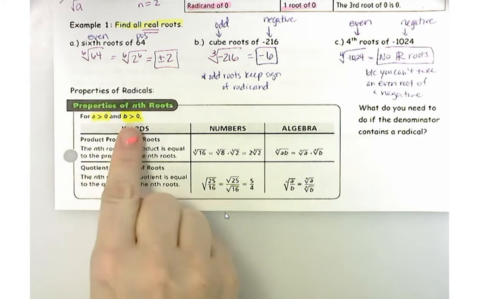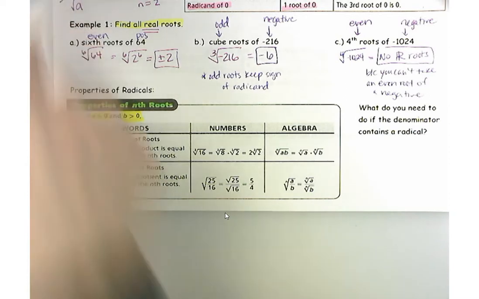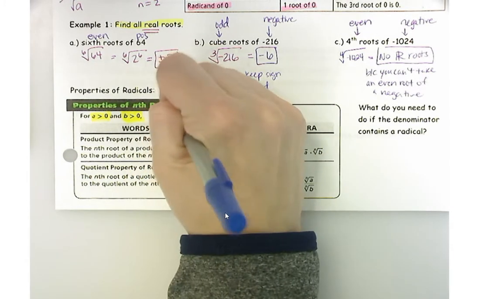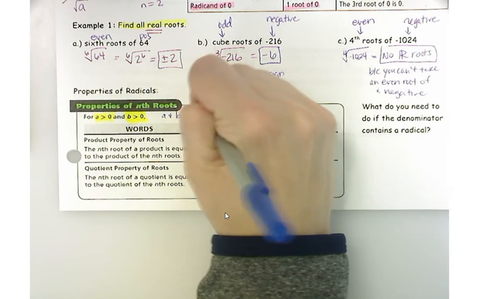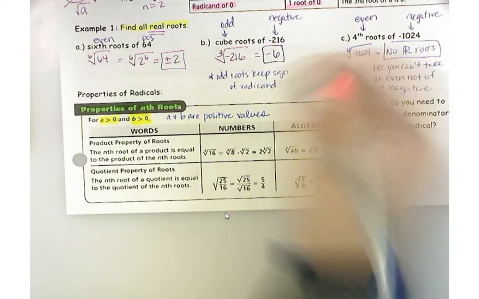So if A and B are positive values, we can use the product property and the quotient property. The product property is something that we used on our bell work today, and it's something you've been using for a long time. Sometimes we forget about these things that we know, or when we put them all together, we get unsure of when we can break things apart and when we can't.